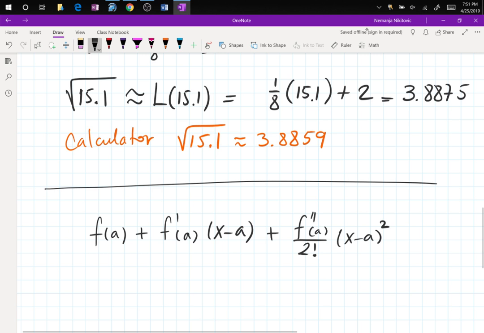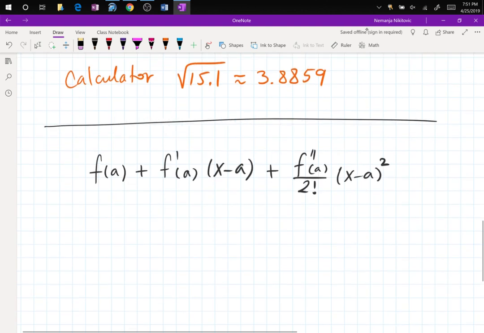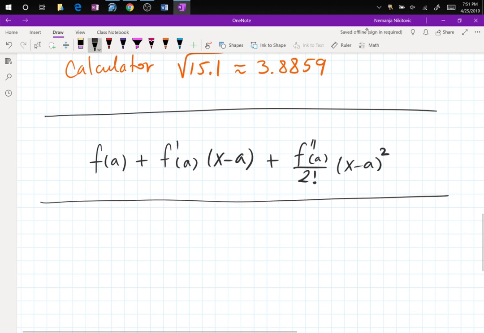This formula is adding an extra term, and that extra term is going to take care of these differences here and make it even better. It's not going to give you exact, but it's going to do better. Generally, you need to do 3 or 4 terms to have a very good approximation in general. So you can try this calculation and you will see.